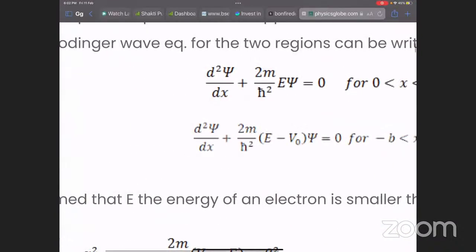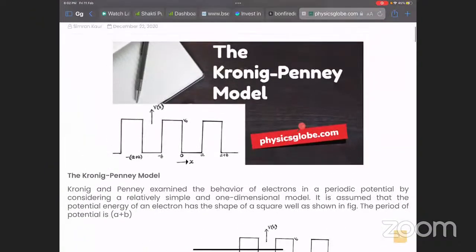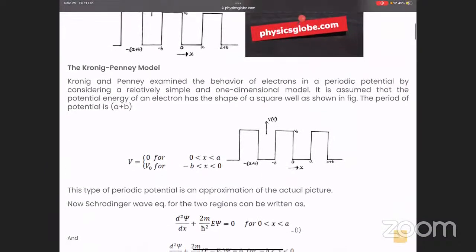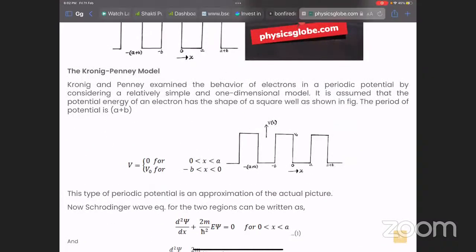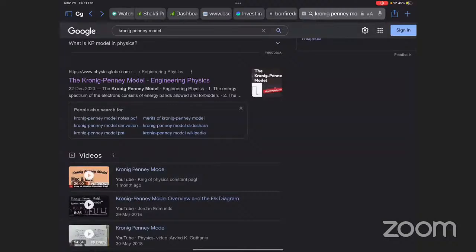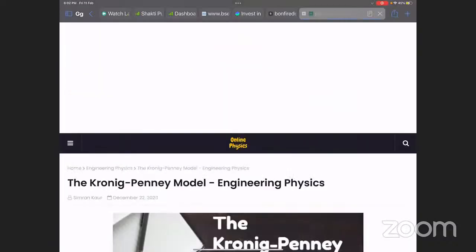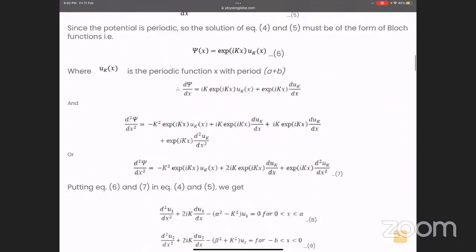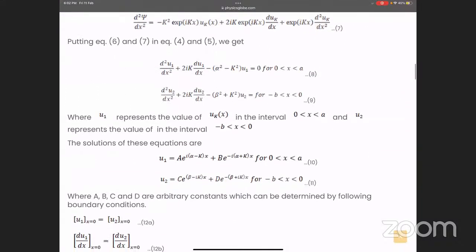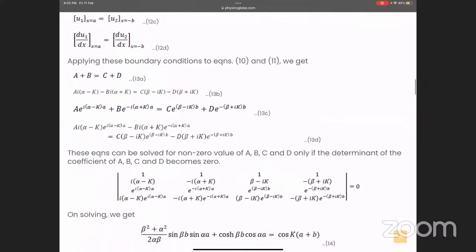Let me see. If you want to look up just the Kronig-Penney model, you will find a lot of textbooks on the Kronig-Penney model, as you can see here as well. But it's a lot of algebra, right? Let me show you the actual derivation. We're not going to do this, right? It's very algebraic, a lot of algebra is involved here.